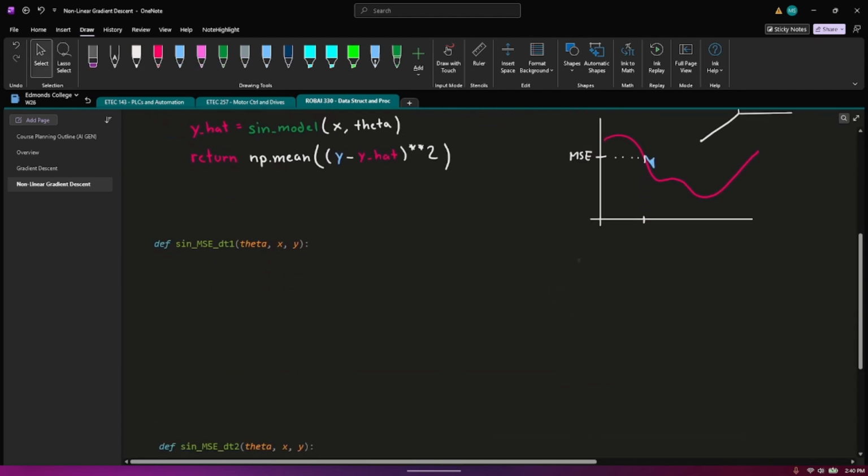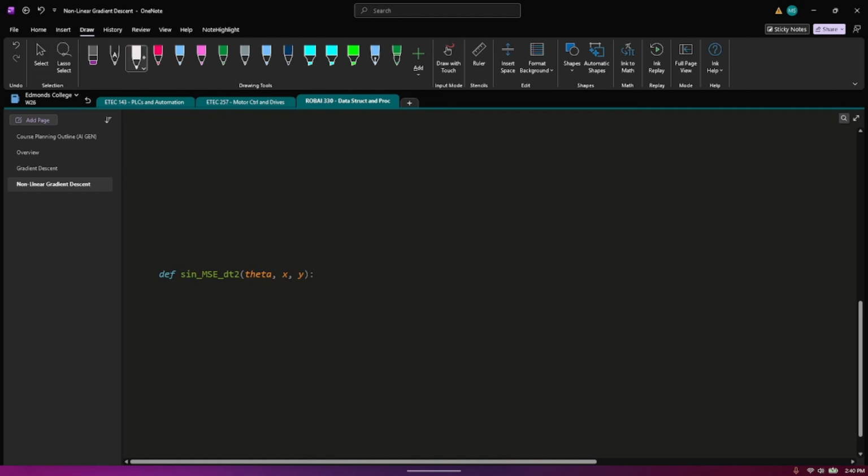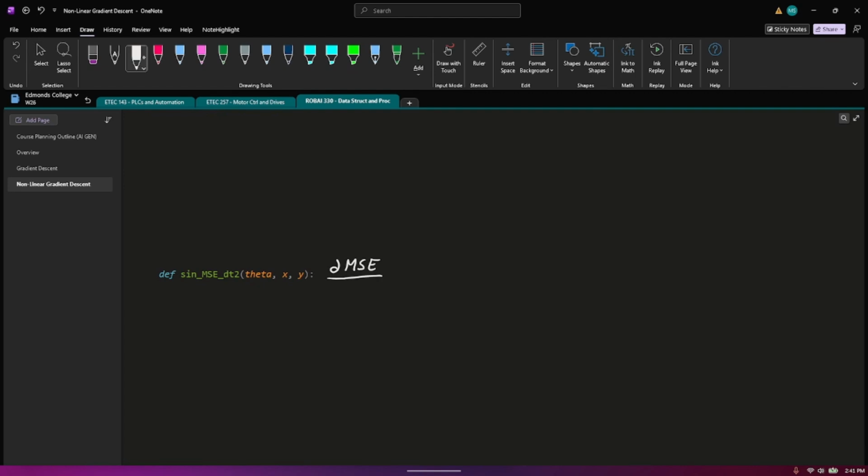And we do that by taking the derivative with respect to a different variable. So for dt1, this means that we want to take the derivative of our MSE function with respect to theta 1. And down here, we'll do a similar thing: the derivative of our MSE function with respect to theta 2 this time.